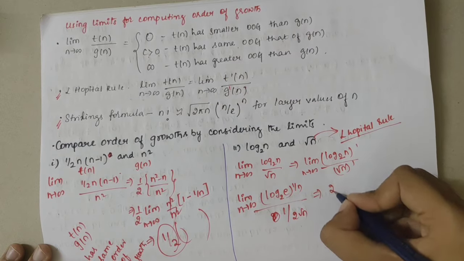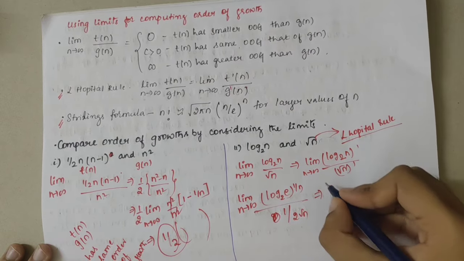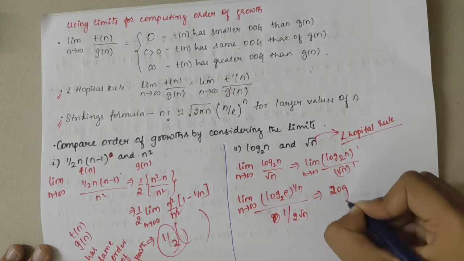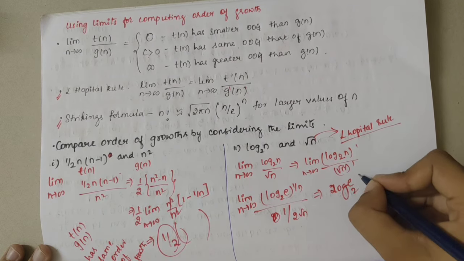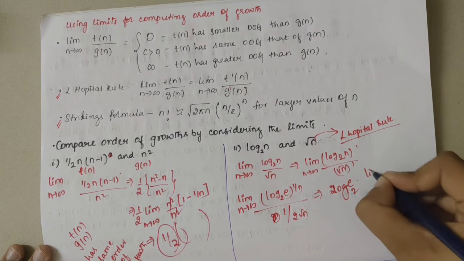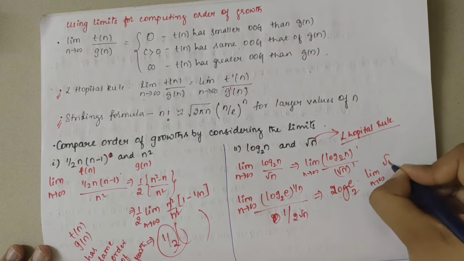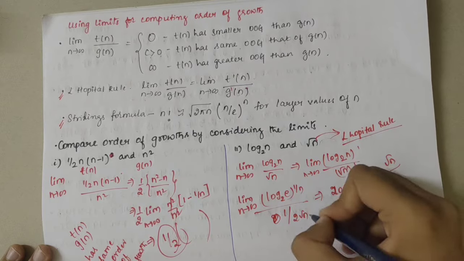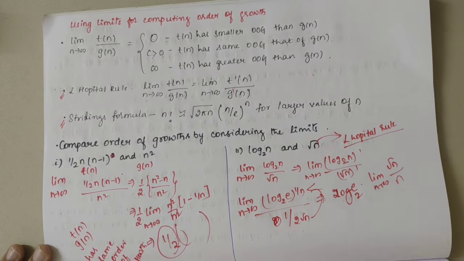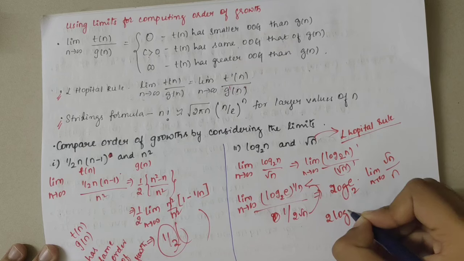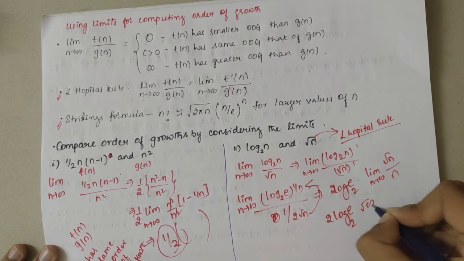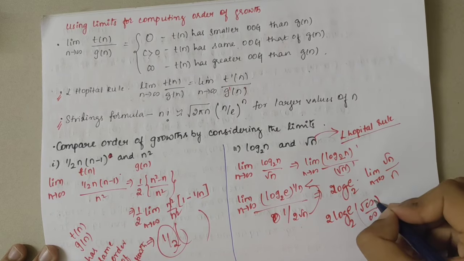So here I get 2, let's take 2 outside, 2 into log e base 2, and here I can write limit n tends to infinity, under root n by n. So further writing 2 into log e to the base 2, under root infinity by infinity, because I have applied the limits here.